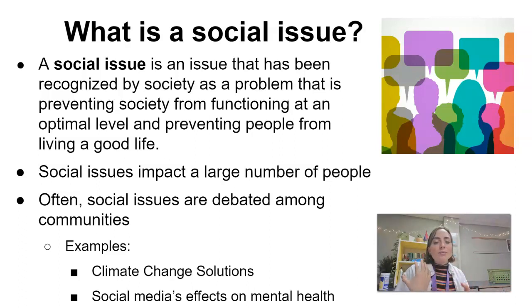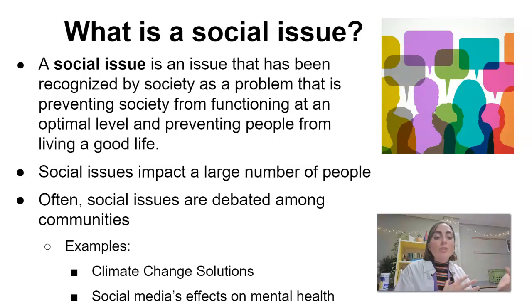These issues are often really debated among communities. They often have kind of 2 sides to an argument that people feel really strongly about. For example, climate change solutions: people feel really differently and have strong feelings about what we should do to stop climate change. Some people think we should ban all plastics.